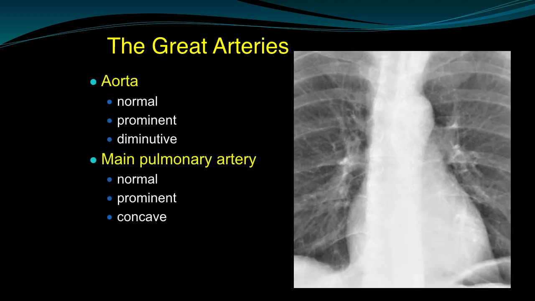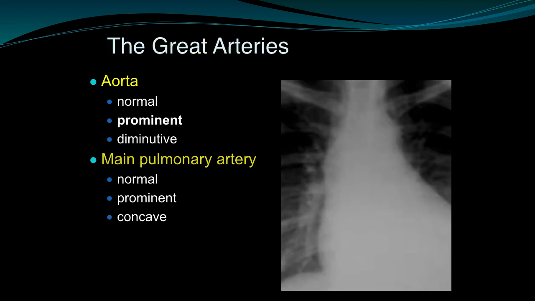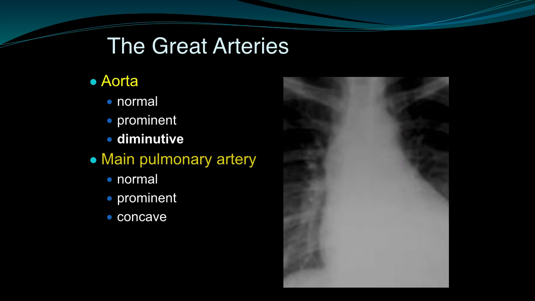And also, you see the main pulmonary artery segment, which is normal. Now, the next slide shows you a prominent aortic knob. And the next slide shows you a diminutive aorta wherein you almost don't see the aortic knob.